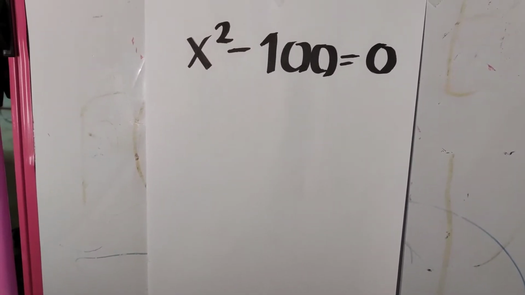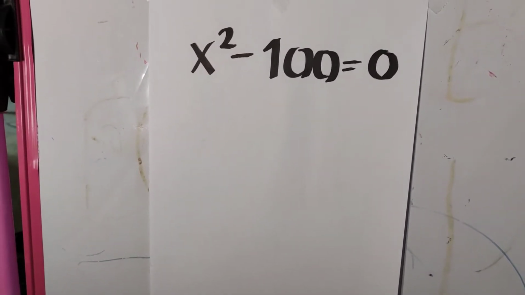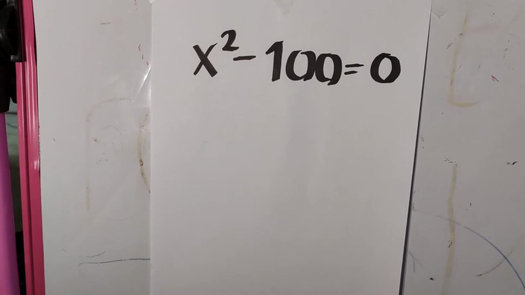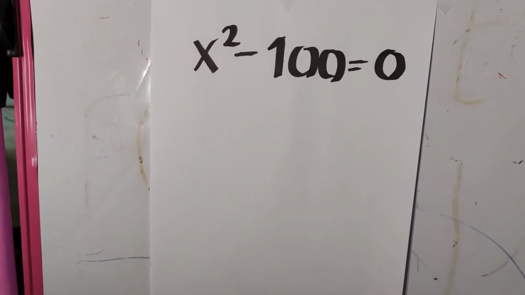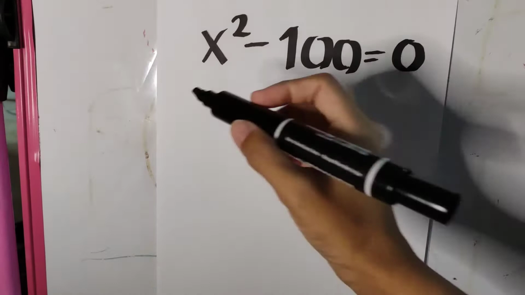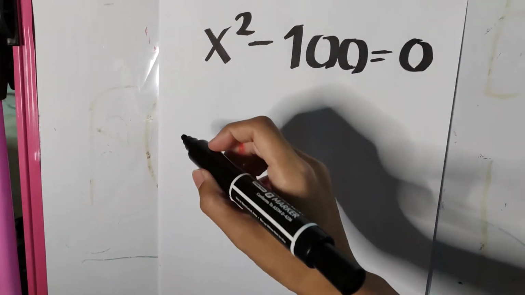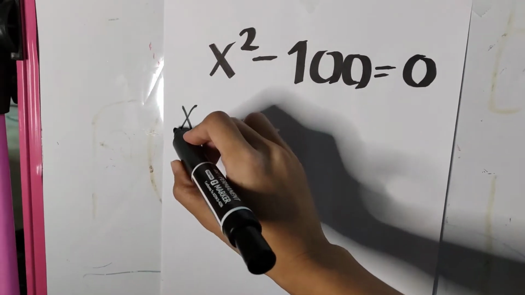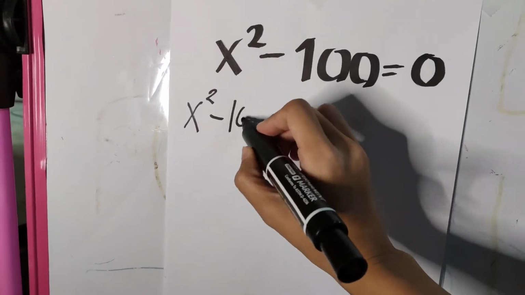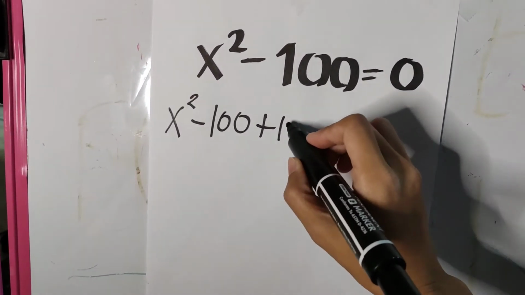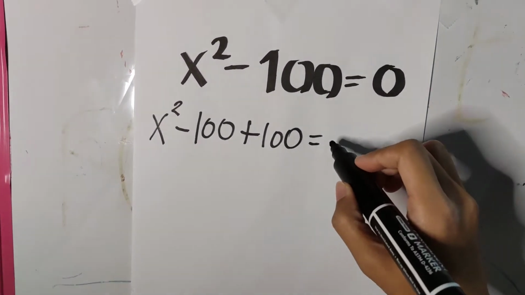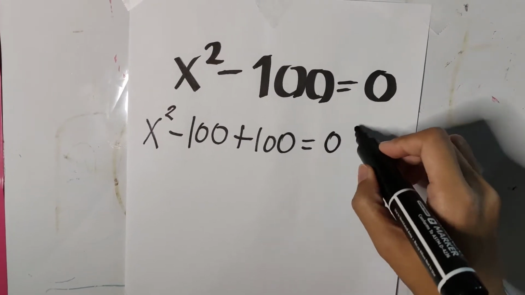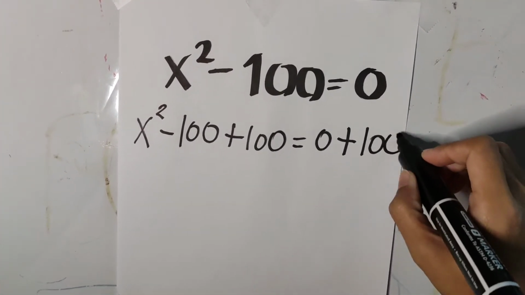By applying the addition property of equality, by adding 100 on both sides of the equation, therefore we have x squared minus 100 plus 100 is equal to 0 plus 100.